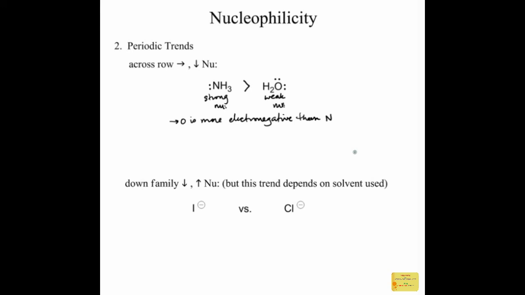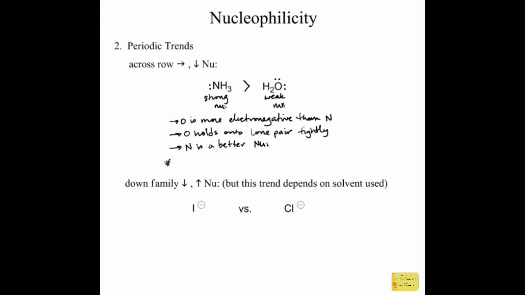So that means oxygen is holding onto its lone pair of electrons very tightly, not willing to share them. Okay, that means the nitrogen is a better nucleophile. It's more willing to share those electrons and form a bond with the electrophile.